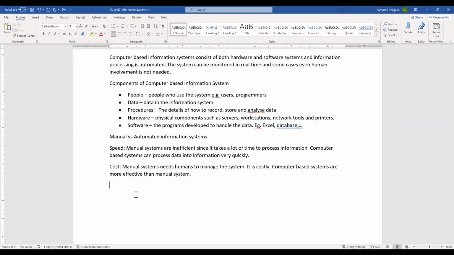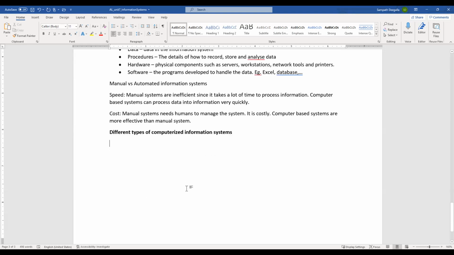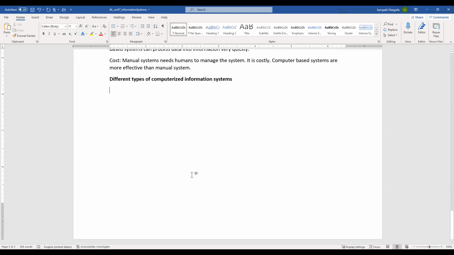We are going to look at different types of computerized information systems, right? Different types of computerized information systems.